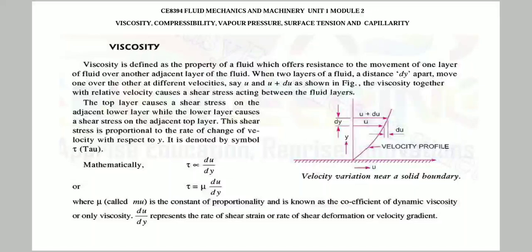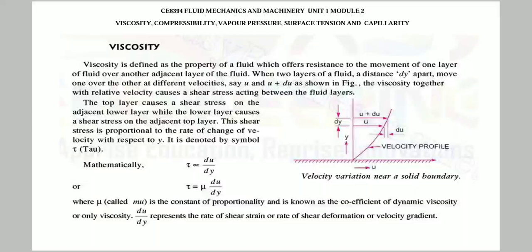Now this viscosity and relative velocity causes a shear force to act between these fluid layers. The top layer causes a shear stress on the lower layer, and the lower layer causes a shear stress on the adjacent top layer. So this stress is proportional.